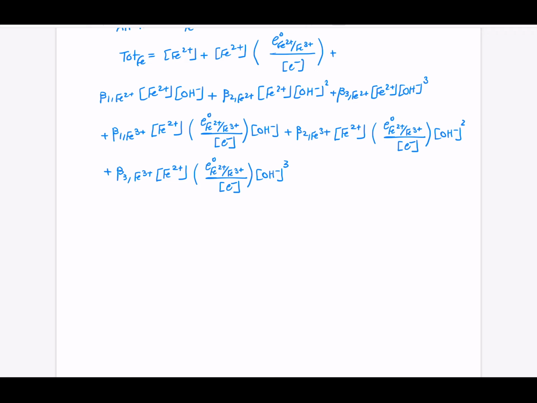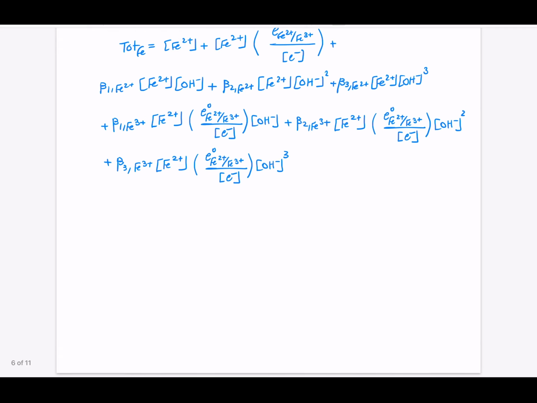So as you see, in this relationship we have something that we're changing, something that is fixed, something that is a variable, and then something that we're calculating. So we just need to rearrange it a little bit to have a clearer, better Fe2+ expression that we're going to use.